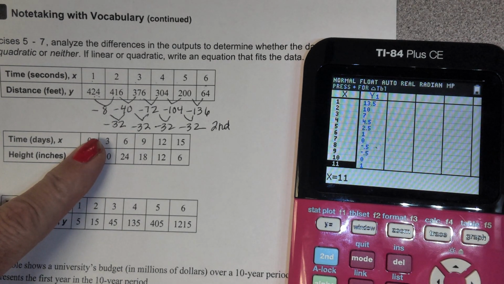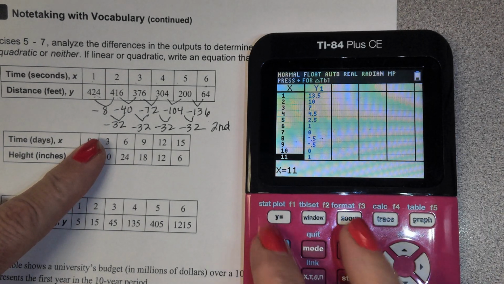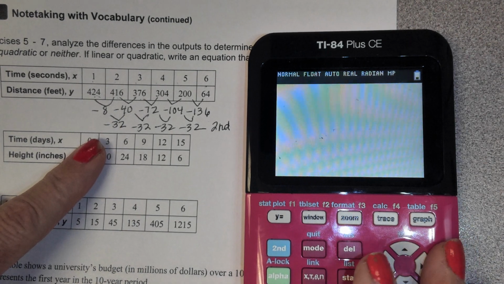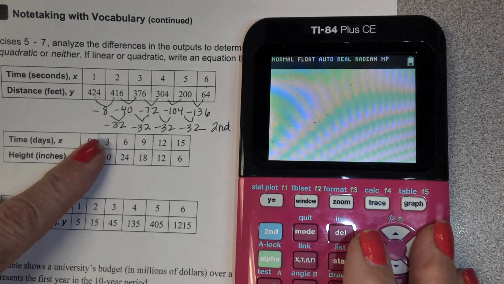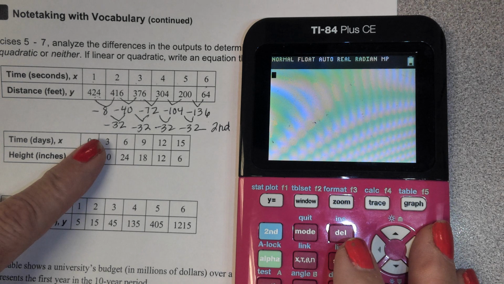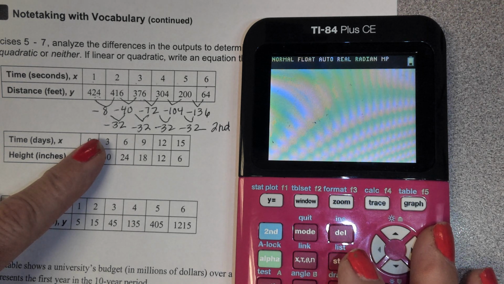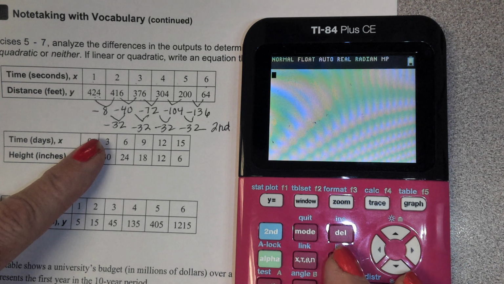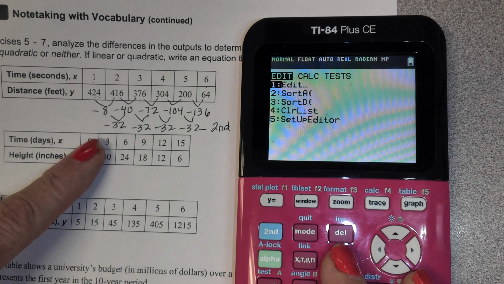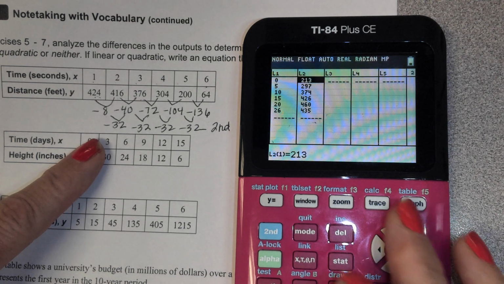So now we have to find that quadratic equation. Go to your home screen, clear everything out. Go to Stat, Edit.